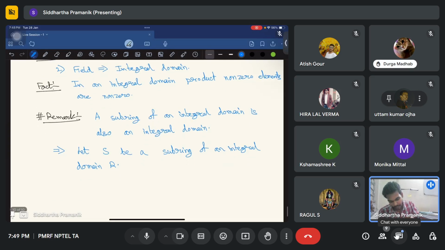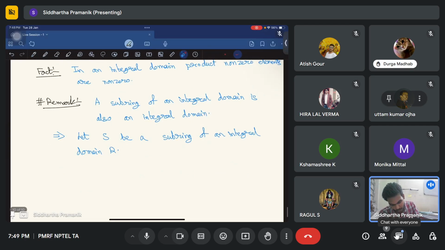Now let's come back here. Subring of an integral domain is an integral domain. So let S be a subring of an integral domain R. We need to prove S is also an integral domain. So let a, b belong to S such that a is non-zero and b is non-zero.